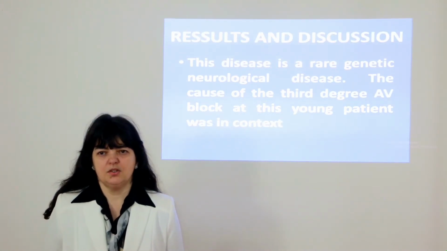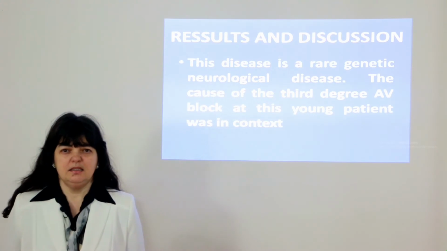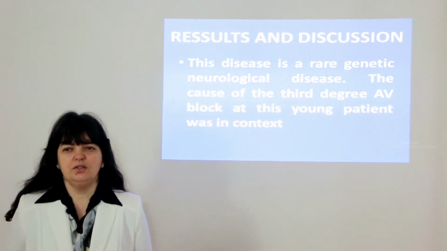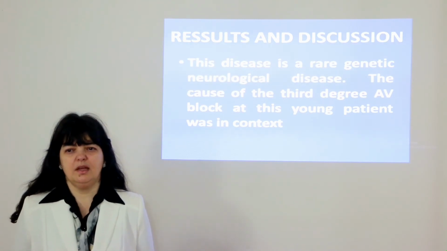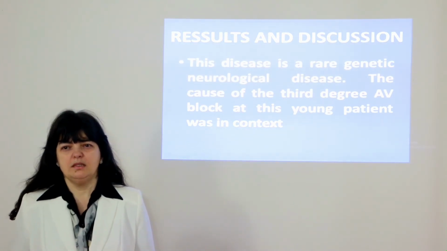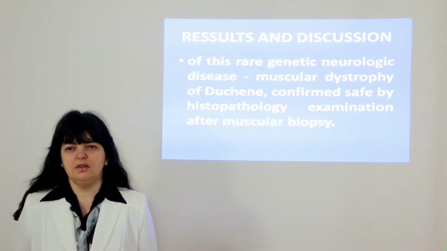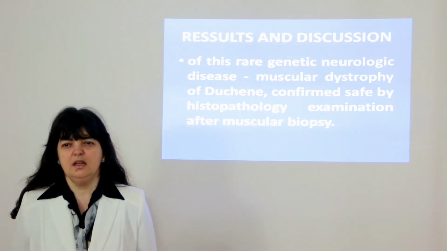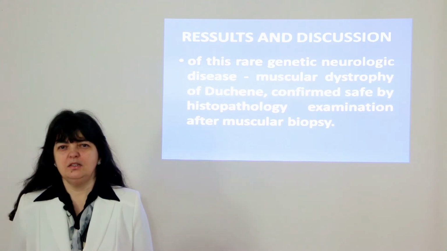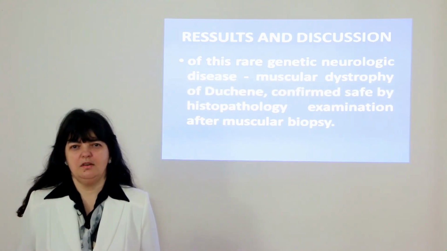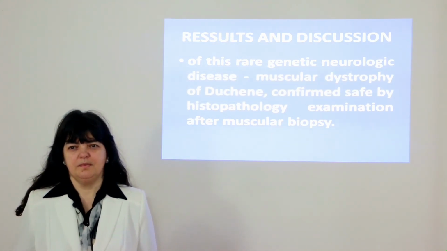Results and discussions: the disease is a rare genetic neurological disease. The cause of the third-degree AV block in this young patient was in the context of this rare genetic neurologic disease, Duchenne muscular dystrophy, confirmed by histopathological examination after muscular biopsy.